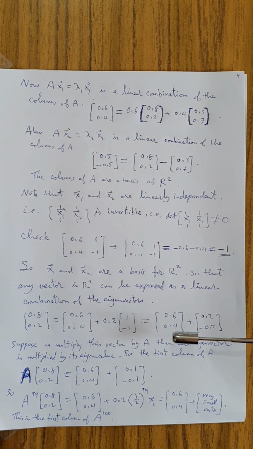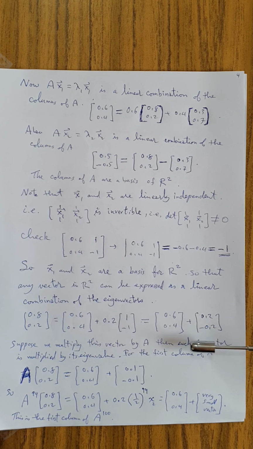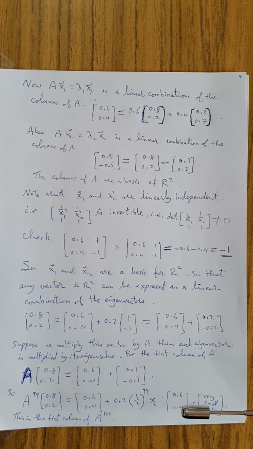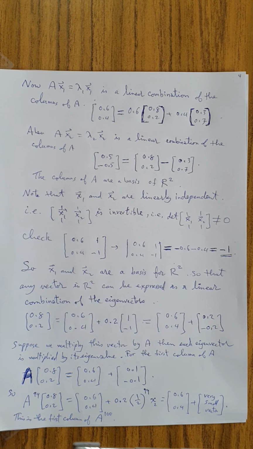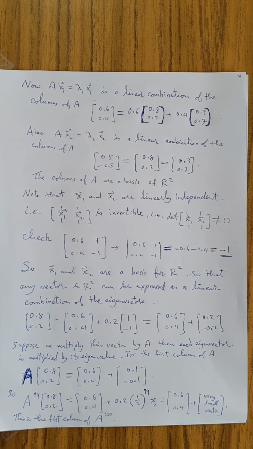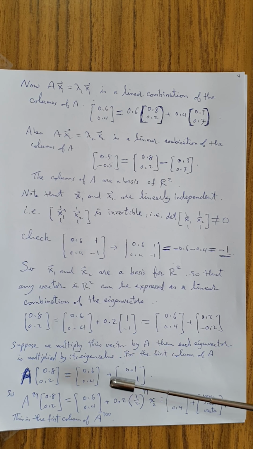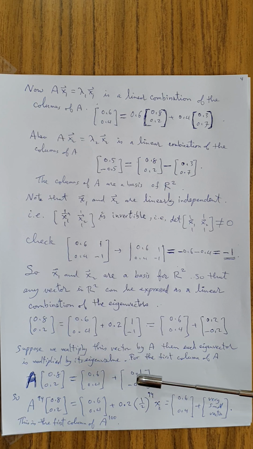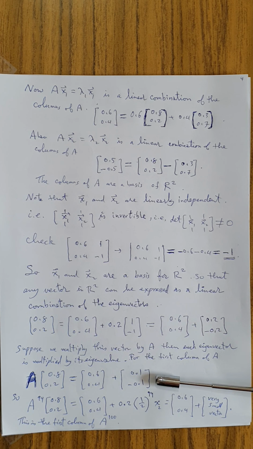Suppose we multiply this vector by A. Then each eigenvector is multiplied by its eigenvalue. For the first column of A, we get A times the first column equal to the first eigenvector, (0.6, 0.4), plus 1/2 times (0.2, -0.2), which is (0.1, -0.1).